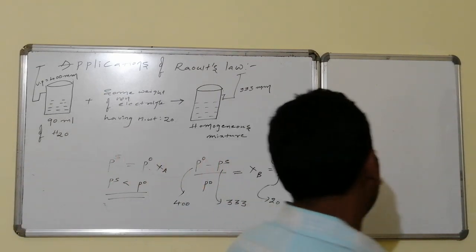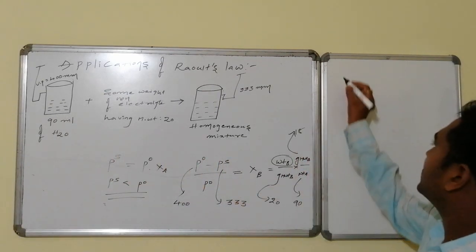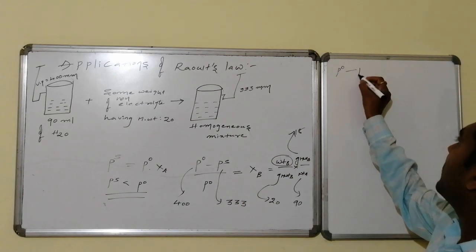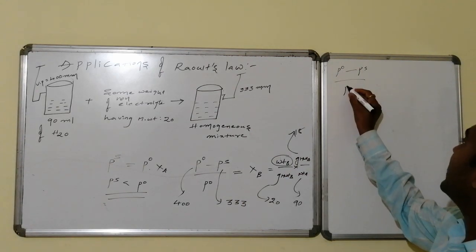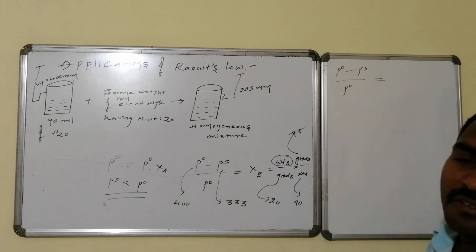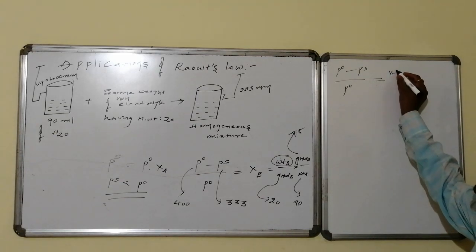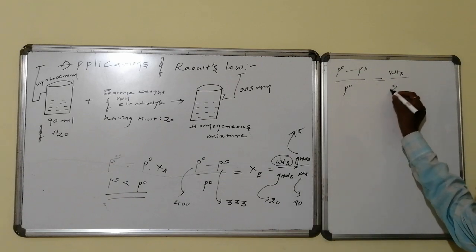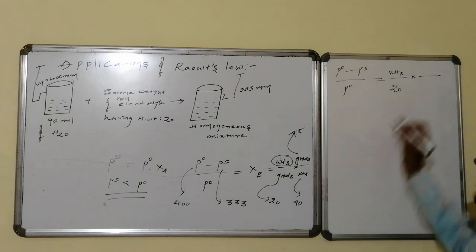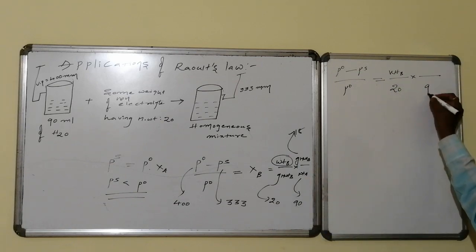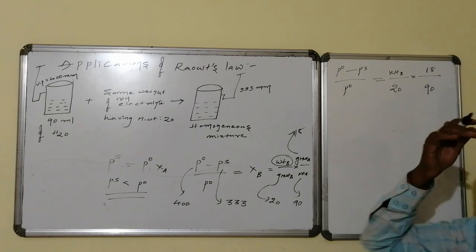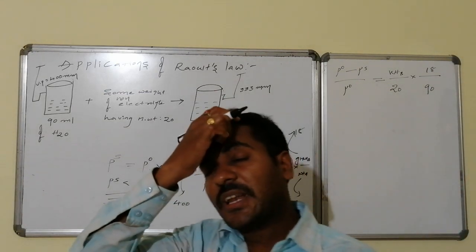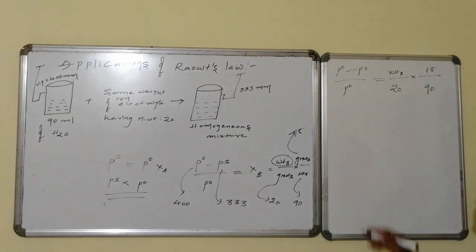We have all values, so on substituting, P0 minus Ps by P0 is equal to weight B, which we want to calculate, by its gram molecular weight 20, into the gram molecular weight 18 of A divided by weight A, which is 90.